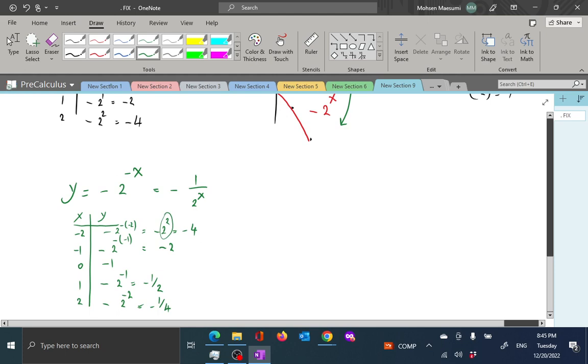Well, what does that picture look like? I leave the detail to you, and in this case, as we go toward the positive, you notice these things are negative and getting smaller. So I'm coming close to zero. So this is a graph of minus 2 to the power of minus x.